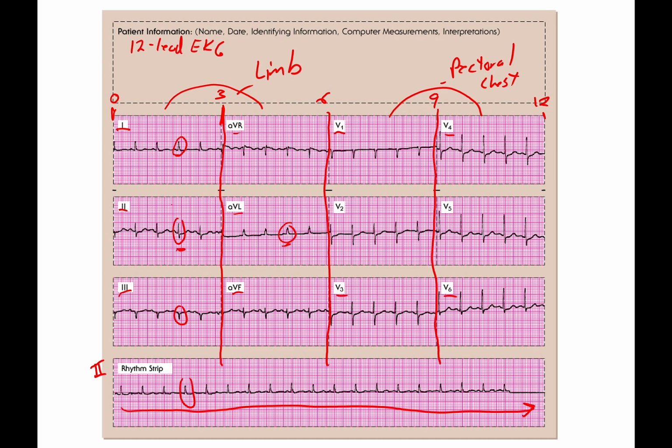You can't compare one column to the next column, and vice versa. If I had a PVC right here, that PVC would show up on this one, and this one, but you wouldn't see a PVC anywhere else along your strip.